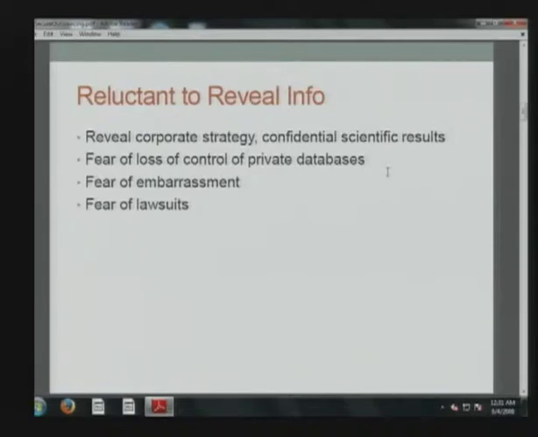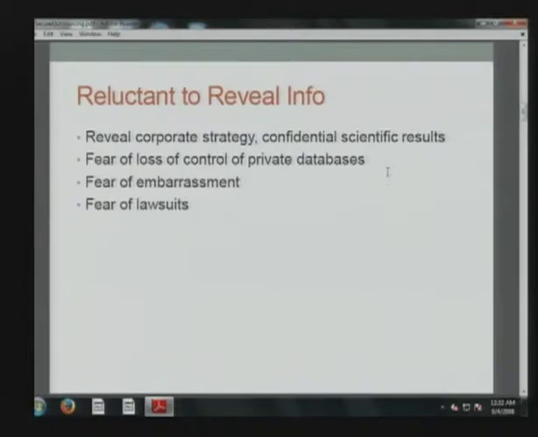Some clients are reluctant to reveal information because the input of their data may be some corporate strategy or some confidential scientific results. I know that a lot of scientific labs produce data as big matrices, and they want to use the cloud server to perform some computation on the large matrices.